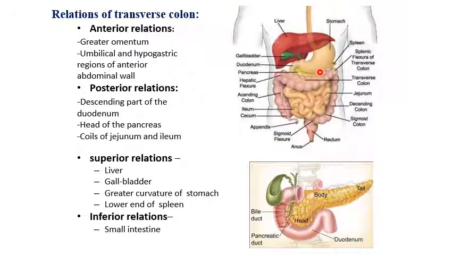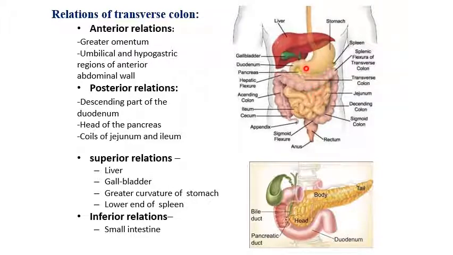Relations of transverse colon: in the anterior relations, यहाँ पर greater omentum will come, and the umbilical and the hypogastric regions of the anterior abdominal wall more anteriorly. In the posterior relations, the descending part of the duodenum will come, then the head of the pancreas here, and coils of jejunum and ileum will also come posteriorly.